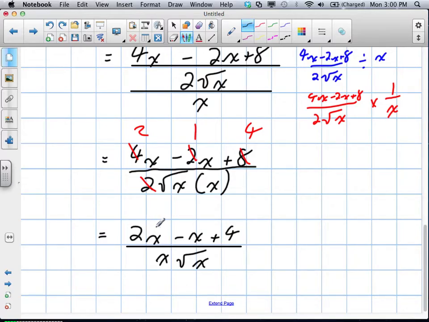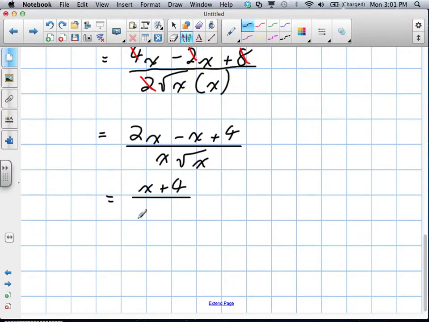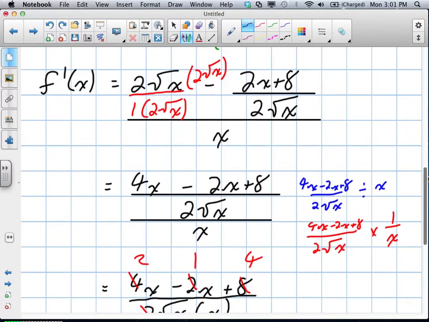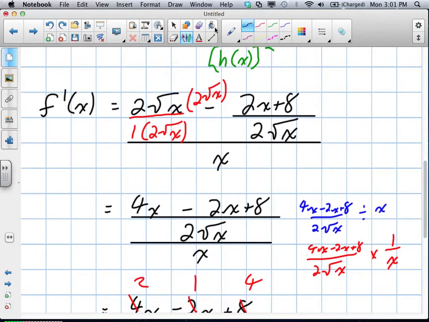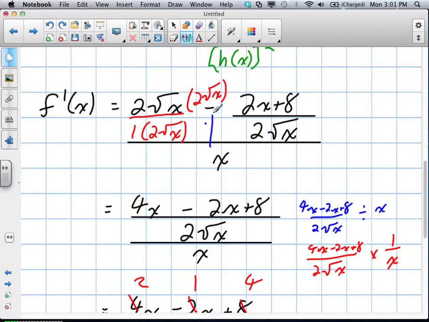Then we can collect our like terms. I could have done that in the last step technically. We'll be left with x plus 4 over x root x. Now, I have a positive and they have a negative. I apologize. Let's return. This negative term should be applied to both of these.